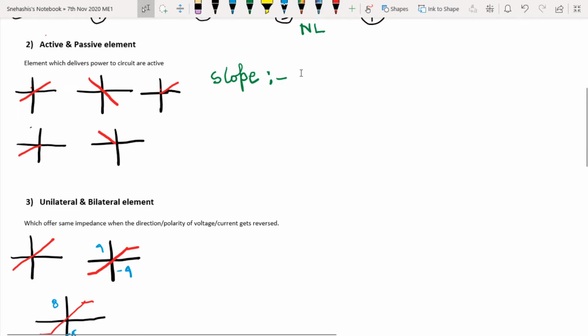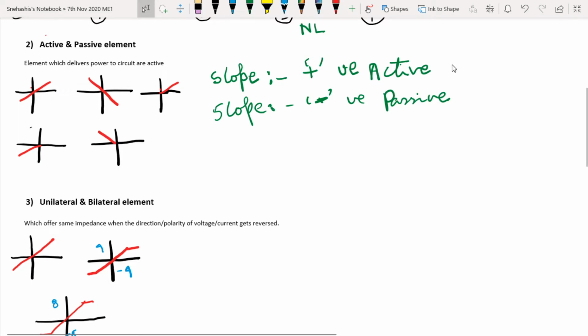The slope is always positive for active element, and slope is negative for passive element.